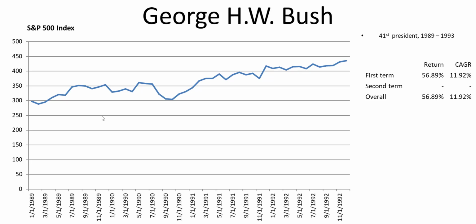The unemployment rate rose from 5.9% in 1989 to a high of 7.8% in mid-1991. The S&P 500 index was 277 at the beginning of 1989 and 435 at the end of 1992. The return during the George Bush presidency was 56.89%, which translates into a compound annual growth rate of 11.92%.